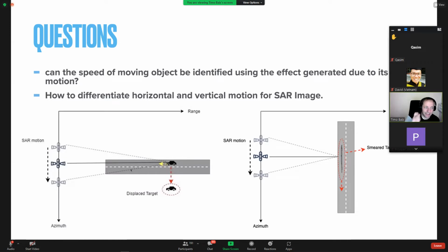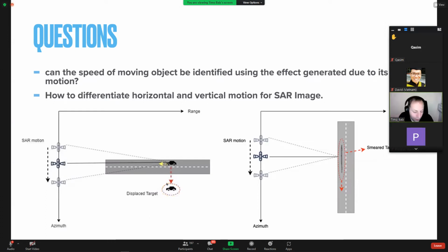All right, so let's come back to that question of the car. First of all, when we have a car moving toward the sensor, right, that car is displaced. It is not positioned in the SAR image at the correct position on the road, but it will be placed somewhere beside the road.